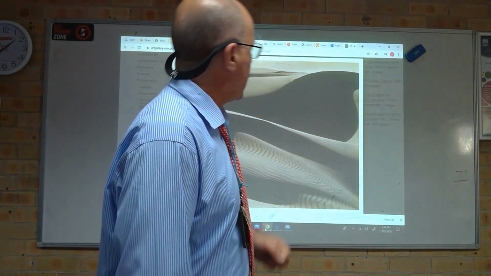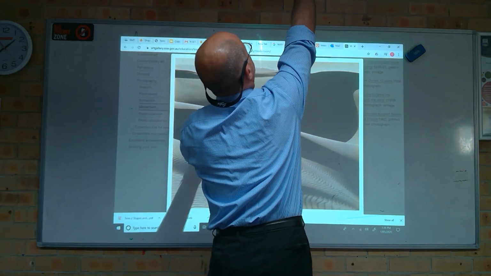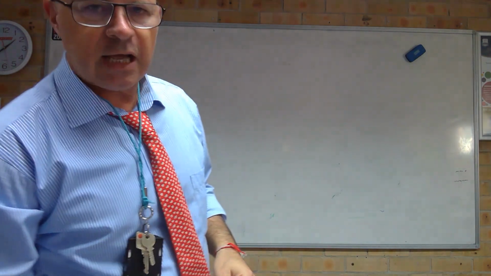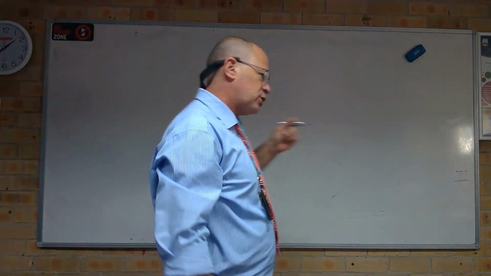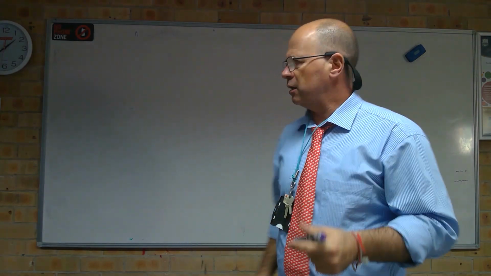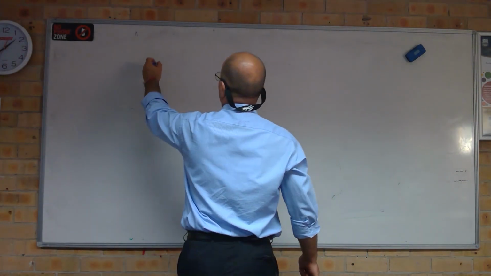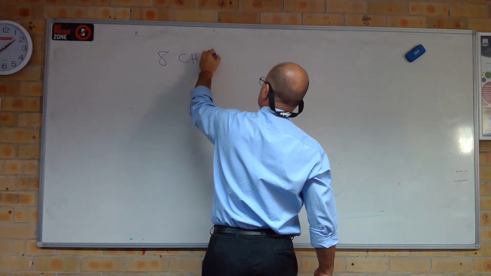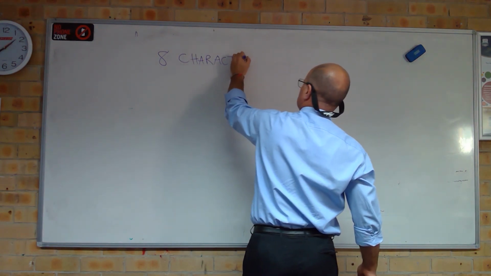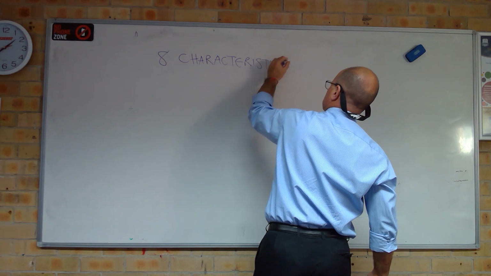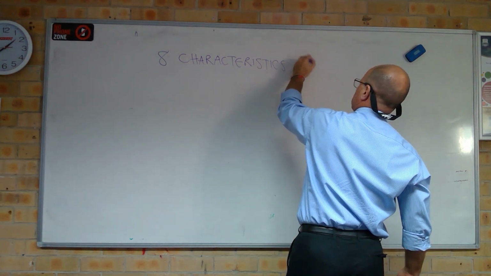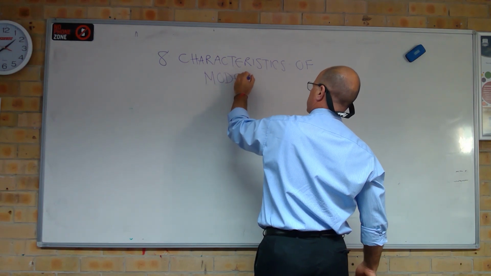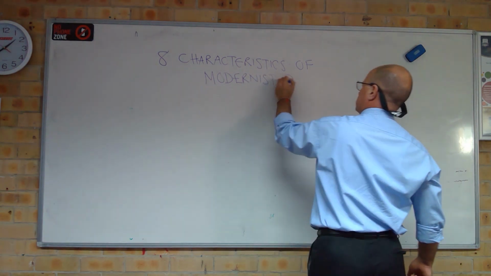So what I might do now is give you those 8 points, but you're going to have to write the sentences. So we've got 8 characteristics of modernist photography.